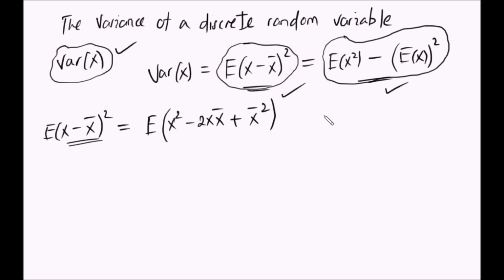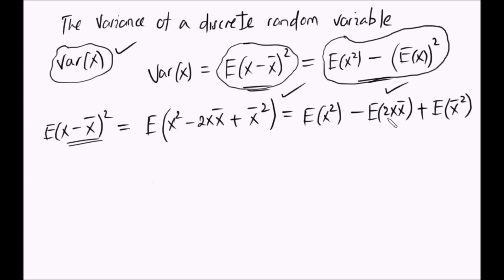Hiyo hapo. Yeah, so baada ya hapo sasa hii naweza nikazitenga kama hivi. Hii itakuwa ni expected mean ya huyu ni x squared minus expected mean ya 2x x bar plus expected mean ya nini x bar squared, hivyo.